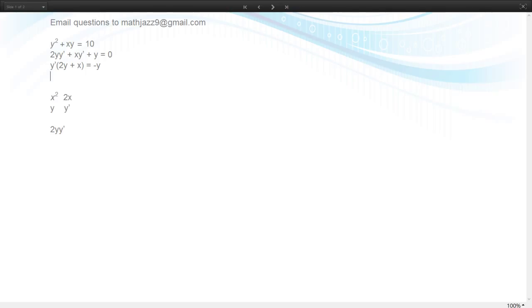And now we're going to divide both sides by 2y plus x. So we get y prime equals negative y divided by 2y plus x, like so.